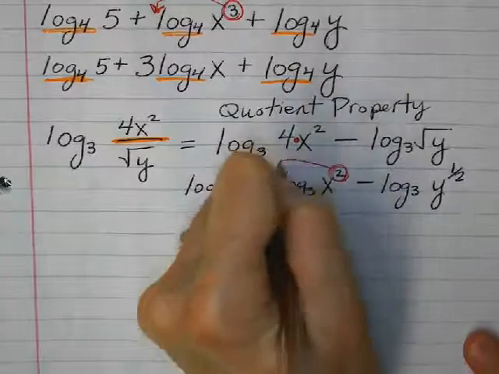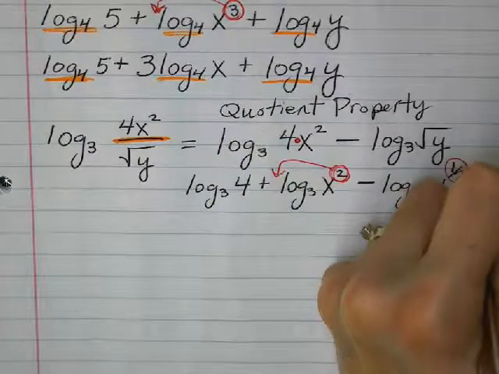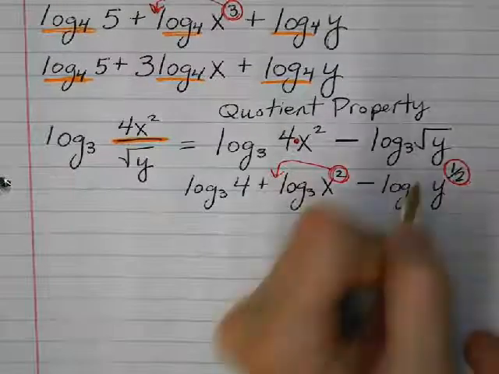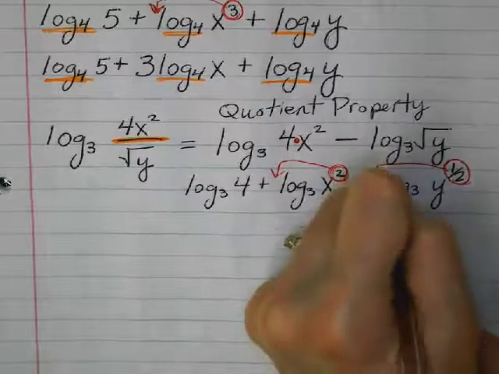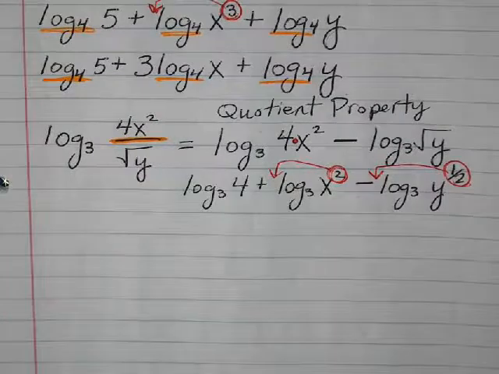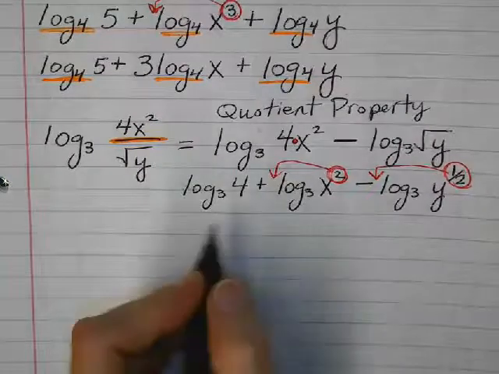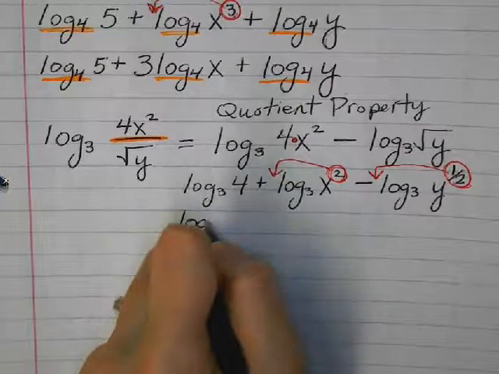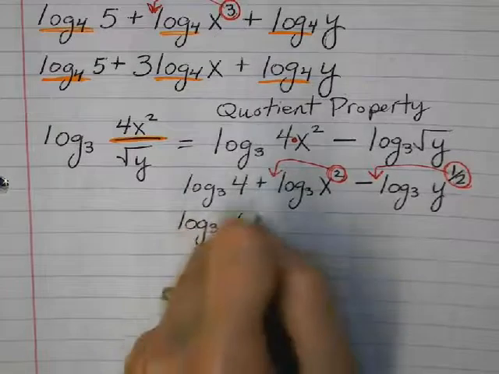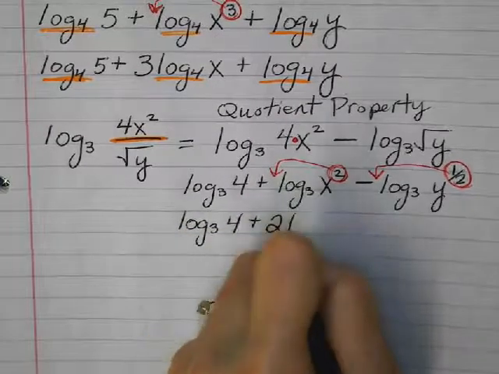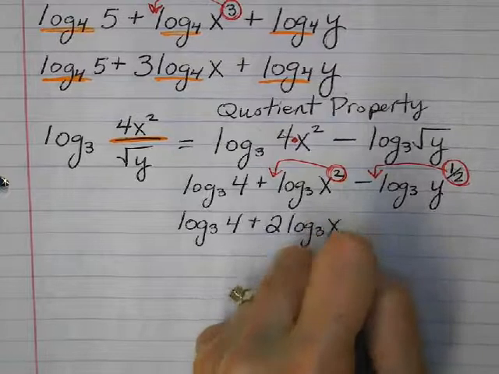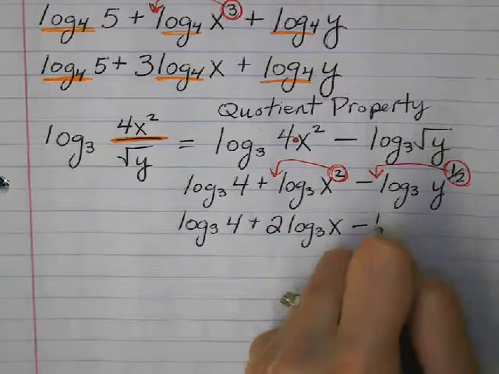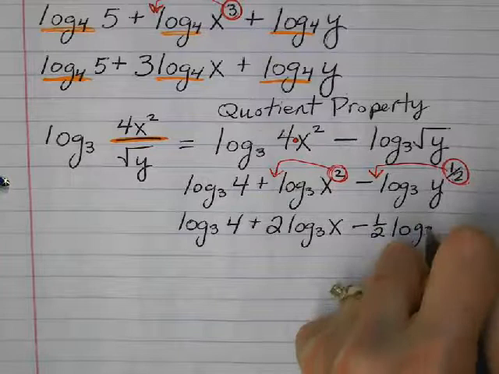This power is going to go in front of here. I wanted to rewrite this to the 1/2 power because then I knew I could do the power property and put the 1/2 in front of this one. So now I think I got it. Log base 3 of 4 plus 2 log base 3 of x minus 1/2 log base 3 of y.